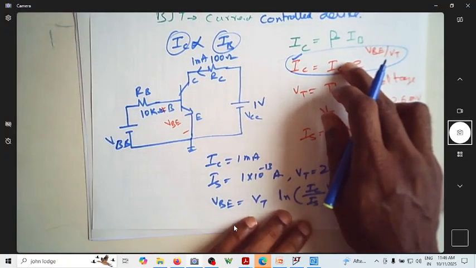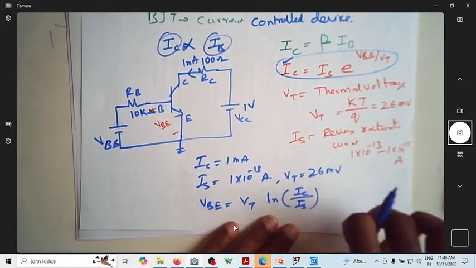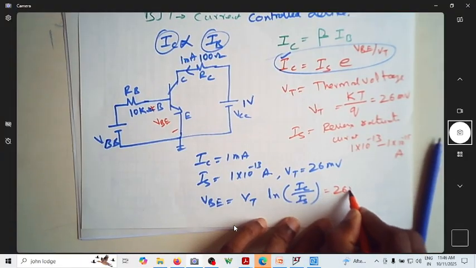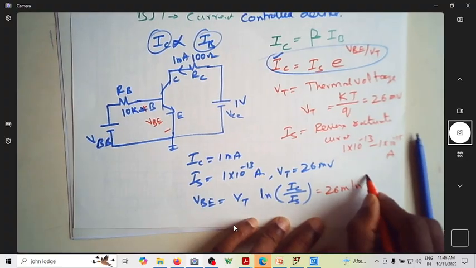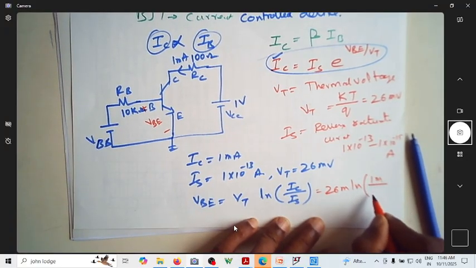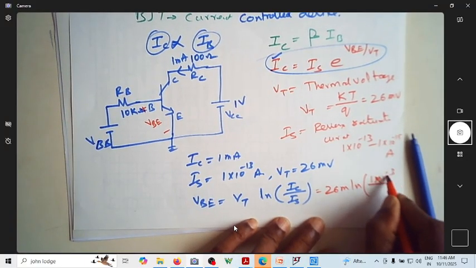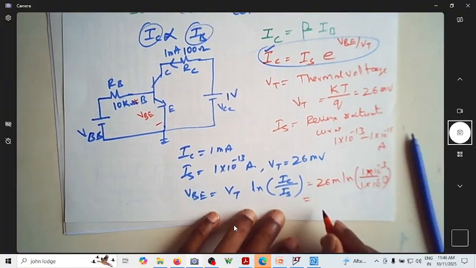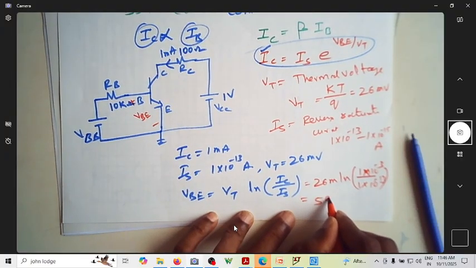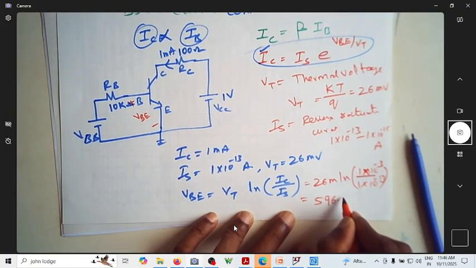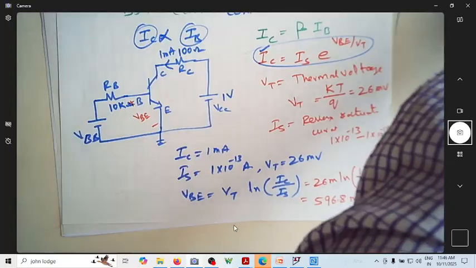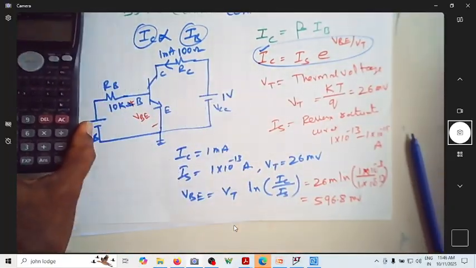That is slight rearranging of the equation. Substituting VT as 26 millivolt and natural log of 1 into 10 power minus 3 by 1 into 10 power minus 13, this comes out to be 596.8 millivolt. If I'm not wrong, let me just do that.